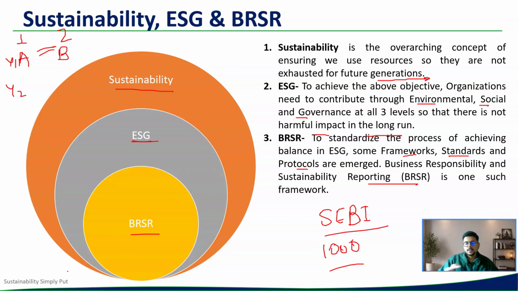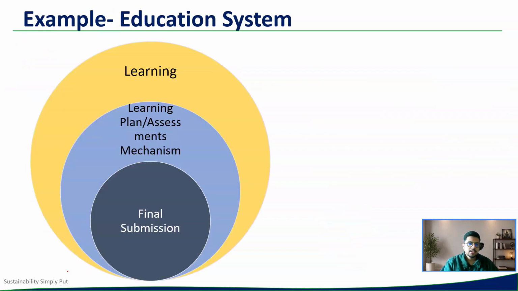Now, to understand all these three concepts in simple language, I will relate them to a very simple example that all of us already know: the education system. We know learning is important in our life. Yes or no? Every one of us understands that learning is important.